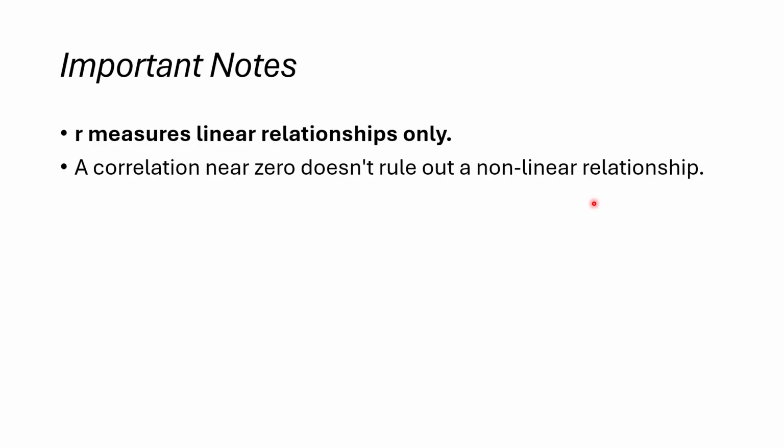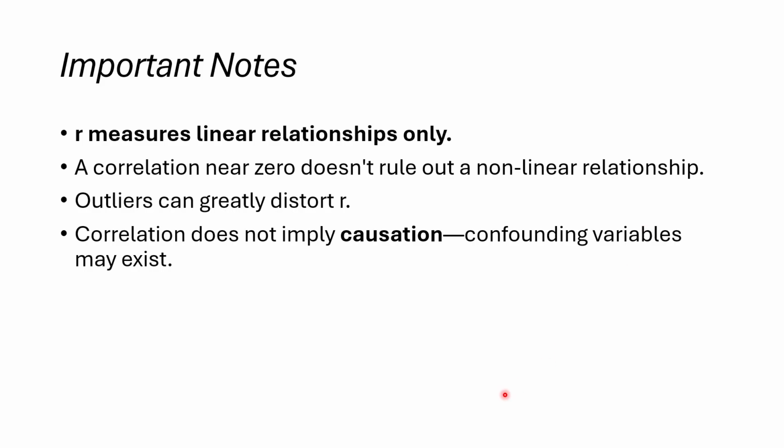There can be cyclical or quadratic relationships, but Pearson correlation would not be able to find or measure that kind of relationship. Outliers can greatly affect or distort Pearson correlation R. And finally, as we have discussed many times, correlation does not imply causation. There could be confounding variables that may distort the relationship between our outcome of interest and our exposure of interest.